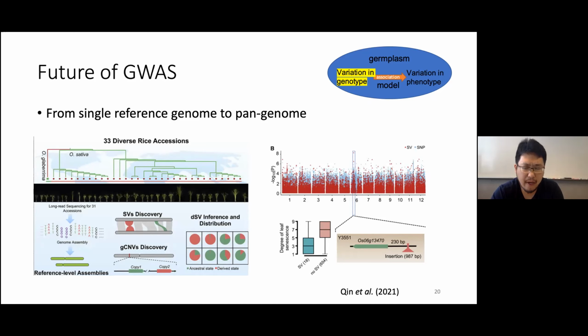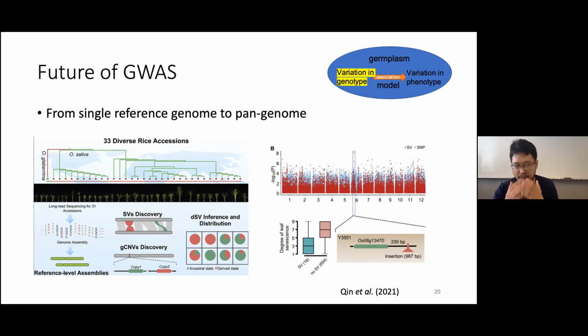With the pan-genome, you can use markers such as structural variants and other variation, and also SNPs that you won't find with a single reference genome. This type of pan-genome has been done in soybean as well, and also for maize.